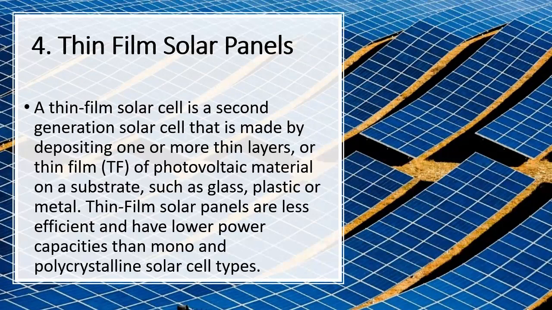A thin-film solar cell is a second-generation solar cell that is made by depositing one or more thin layers, or thin film, of photovoltaic material on a substrate, such as glass, plastic, or metal. Thin-film solar panels are less efficient and have lower power capacities than mono and polycrystalline solar cell types.